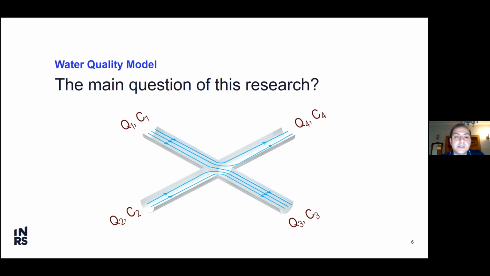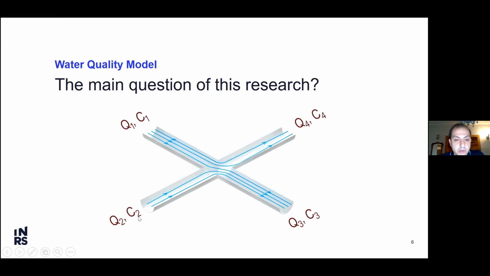As many researchers and people thought about this, they decided to say that even if we have two waters with different qualities, we have complete mixing in the outlets.